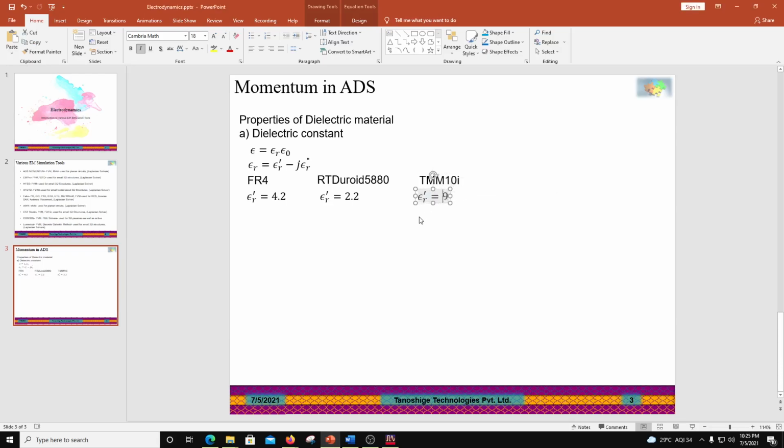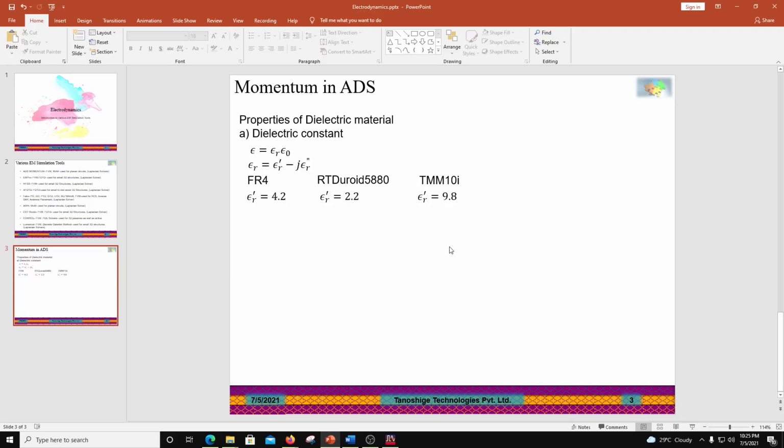The higher the dielectric constant, the more dense the electric fields are in the substrate. If your electric fields are going from a signal to ground, they are going to be dense if epsilon r dash is high. That also means your structures are going to be smaller, because the wavelength is going to be smaller.